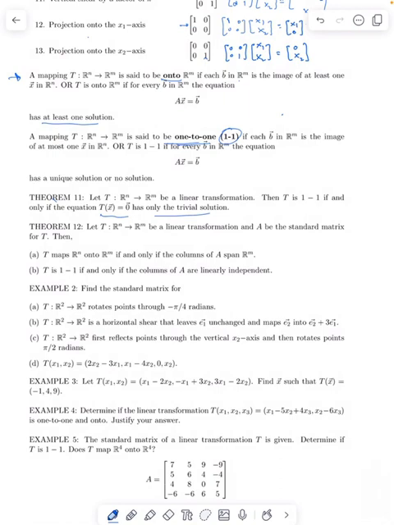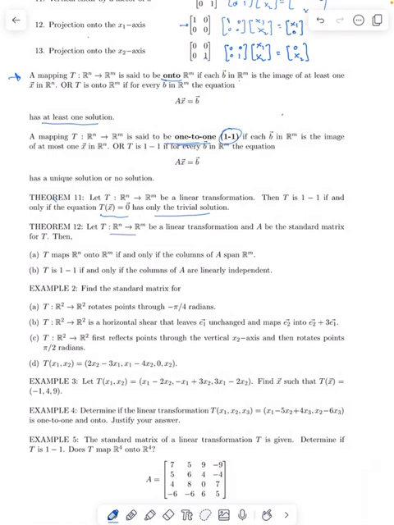Theorem 12 says: let T from Rn to Rm be a linear transformation and A be the standard matrix for T. Then statements a and b are both true or both false. If one happens, then the second happens. If one doesn't happen, then the other cannot happen.